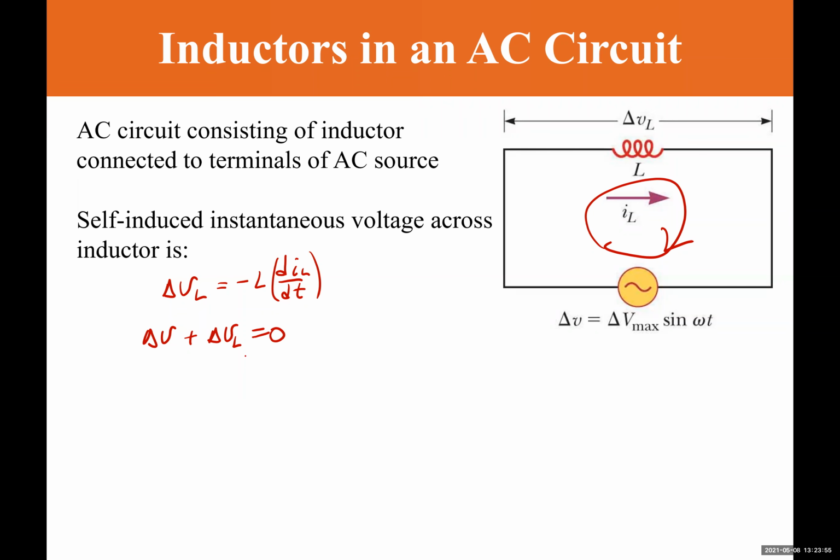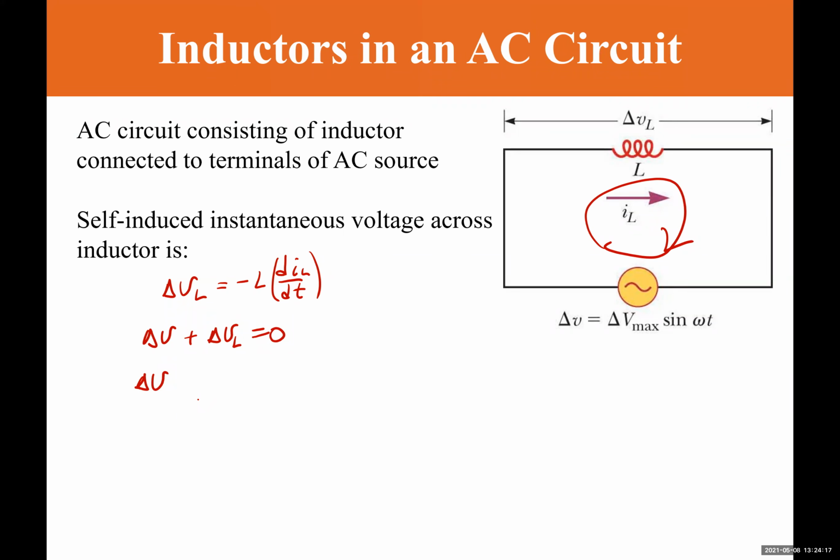Because we are going from the positive to negative terminals of the function generator, this is positive delta V. But for the inductor we have a potential drop, because if you add two things together and get 0, one of them has to be negative.